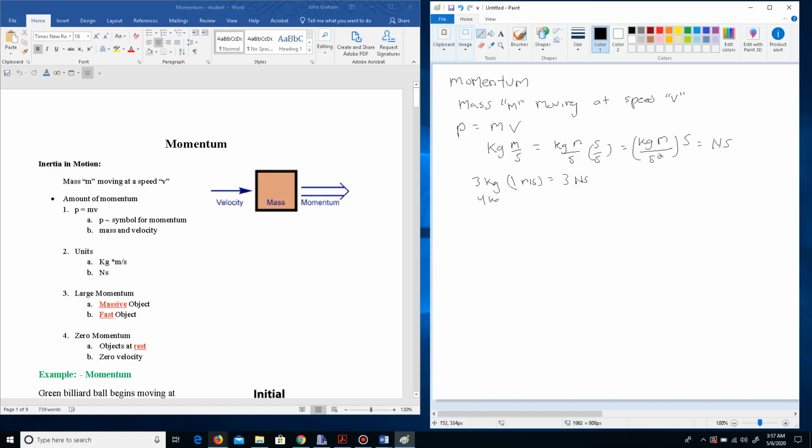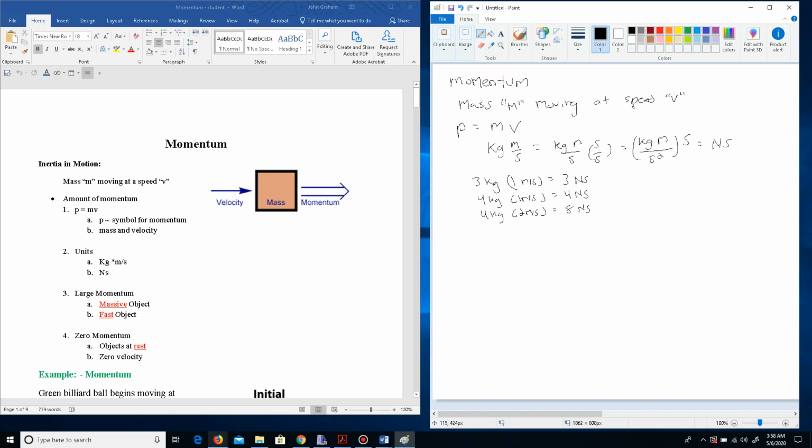If it's 4 kilograms moving at 1 meter per second, then it has 4 Newton seconds of momentum. If it's 4 kilograms moving at 2 meters per second, then it has 8 Newton seconds of momentum. So, you compare these two, higher velocity, higher momentum. If you compare these two, higher mass, higher momentum. And of course, if you compare this one to the first one, you're definitely increasing your momentum because you're increasing both factors.